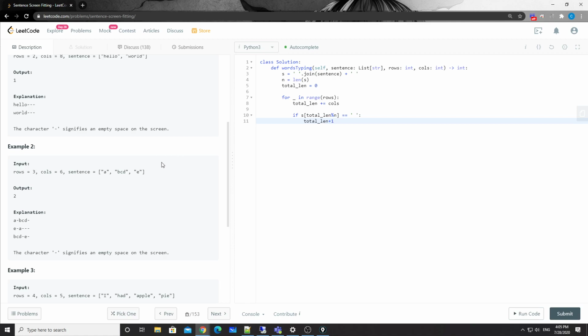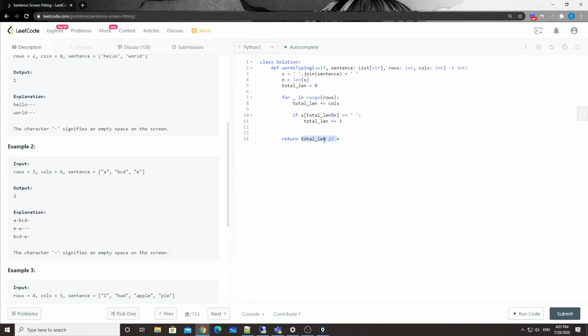Why is that? It's because, let's say for example here, right? Let's say the total length is, hmm, it's because every time we finish one of the new words, we add a space in between, right? Because in the end, what we will be doing is this total length modular of the n here.